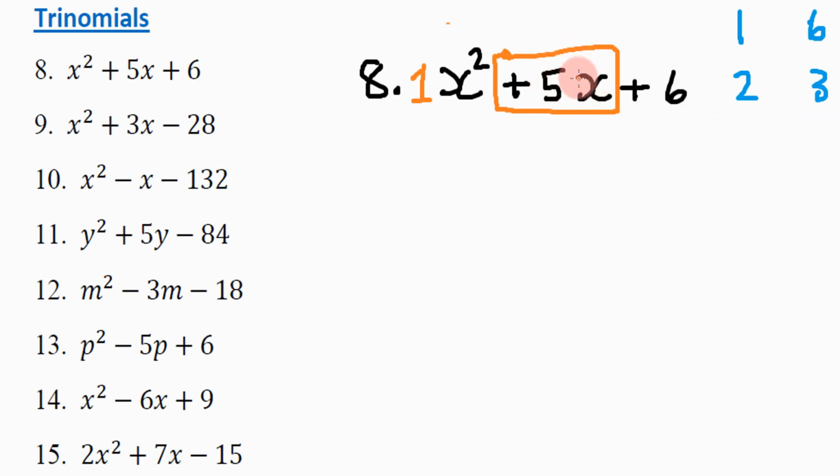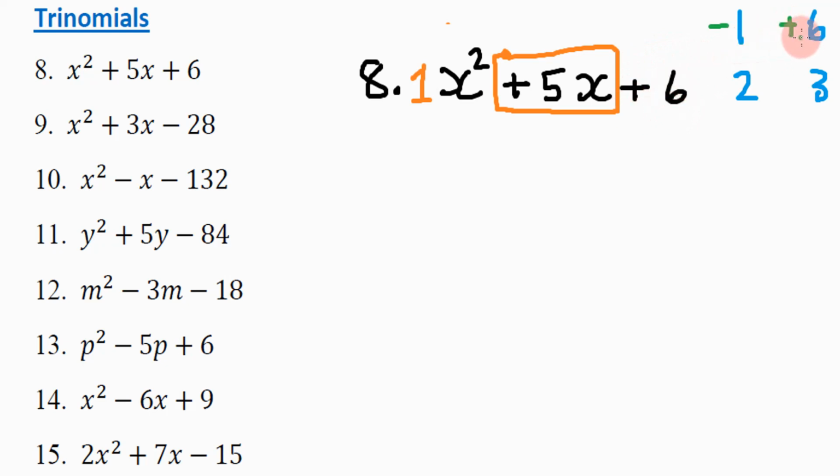or subtract them? 1 and 6 can give us 5 if the 6 was positive and the 1 was negative. But we have to check that when we multiply negative 1 by positive 6, whether we'll get positive 6 here.